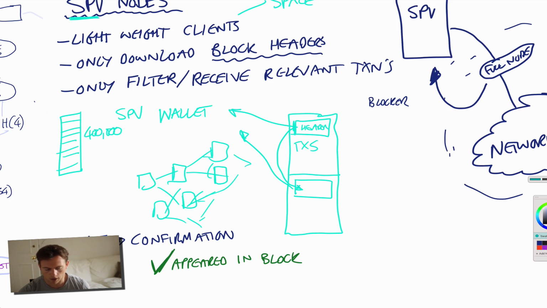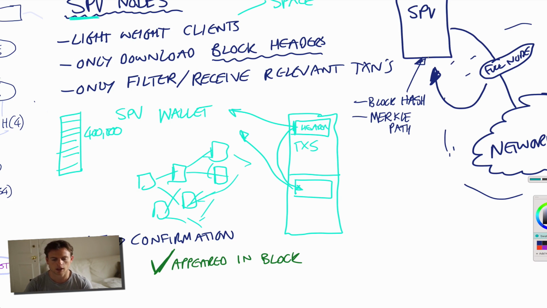It will find that transaction in a particular block, and it will send the block hash for that block header in which the transaction lies, and it will send the Merkle path. Those two pieces of information, sent to the SPV node, are sufficient for the SPV node to prove that that particular transaction is indeed in that block.